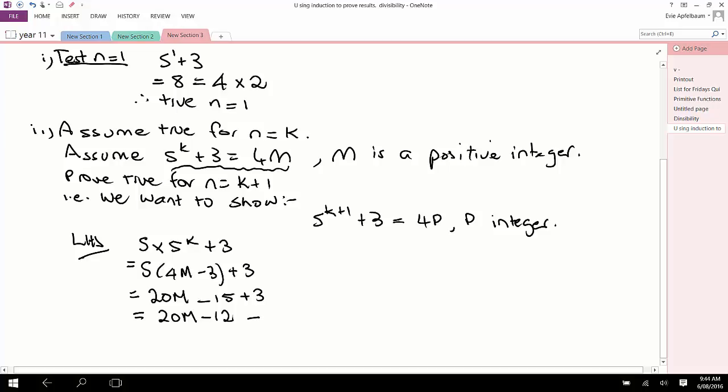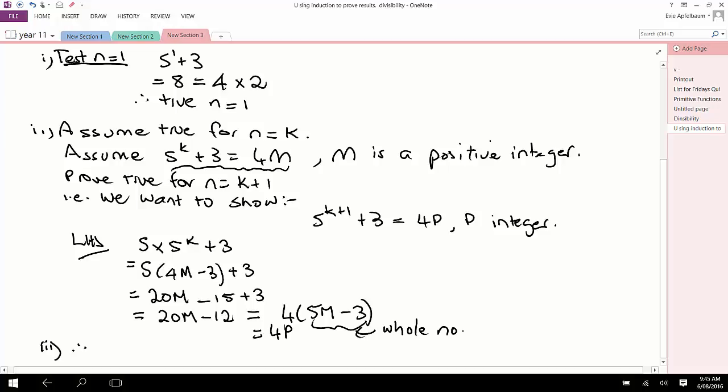And we're very happy to see that that is 4 outside of 5m minus 3. And we know that this is a whole number if m is. So that's our 4p. And that proves this result by induction.